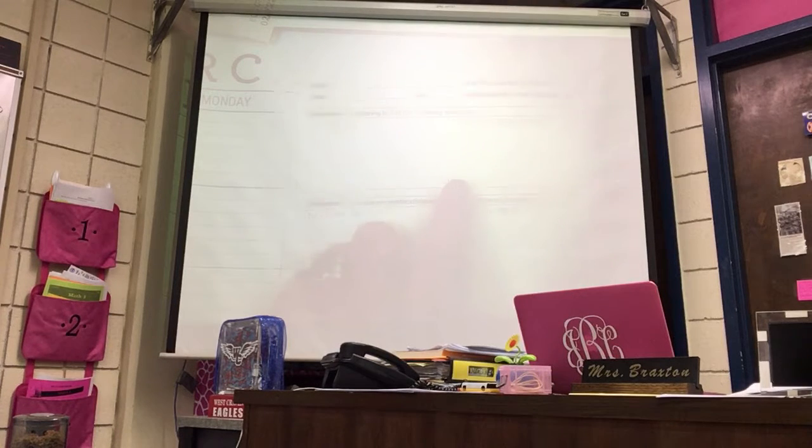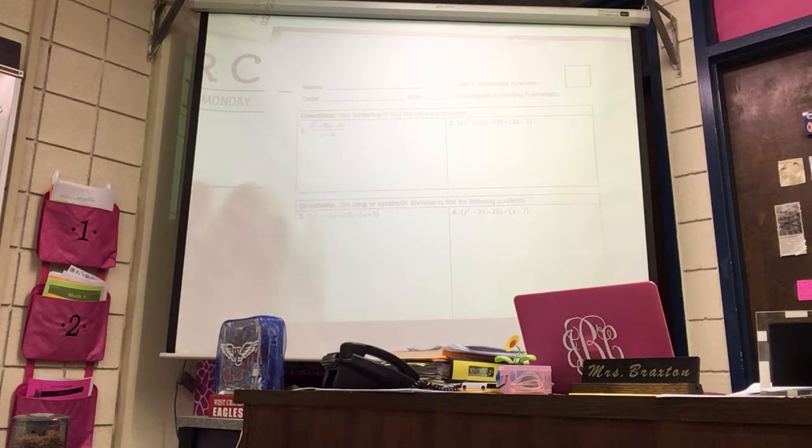Meaning, I could not use synthetic division with number 2 because it's 3a. Does everybody understand? So this just has to be 1x to the first power. If it is x squared, you can't use it. If it is 4x, you cannot use it. You have to use long division.